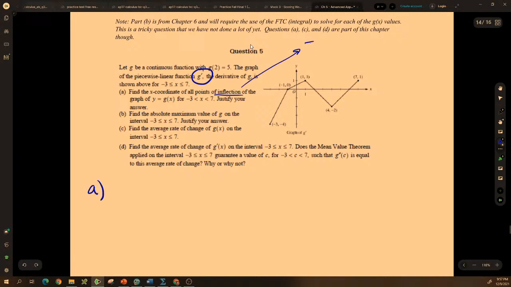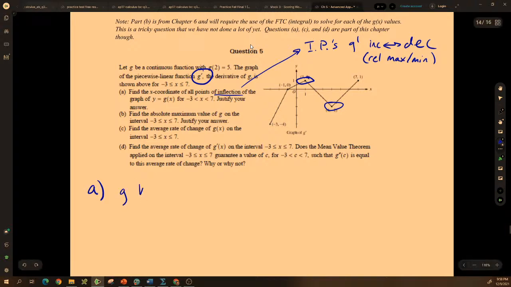Inflection points would be when g prime changes between increasing and decreasing, which can also be relative maximums or minimums. So where do I get those? In between -3 and 7. I get a relative maximum at 1 and a relative minimum at 4.